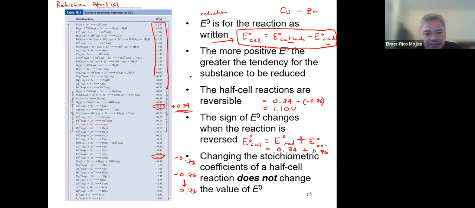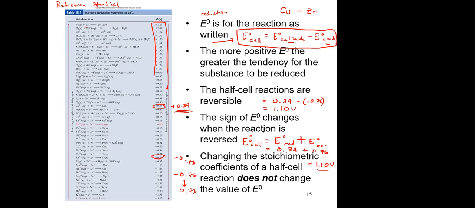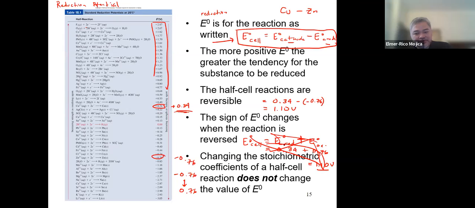Whatever number you have there, just put the number there. Because if you use this one, you're going to get the same 1.1, right? So I would say just stick to this one, because that may confuse you. Okay? So let's try.